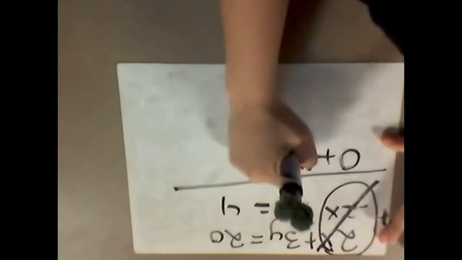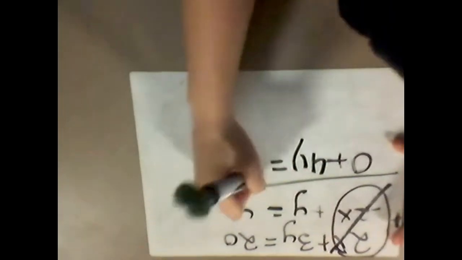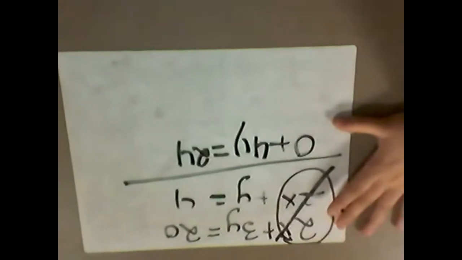So we have 0 from the canceled part of the equation. And then we have 3y plus y, which equals 4y, and 20 plus 4 equals 24. So now we have our new equation, which is 0 plus 4y equals 24.